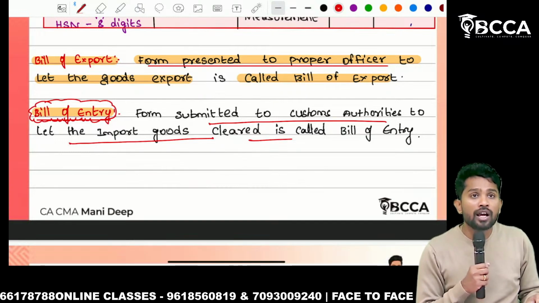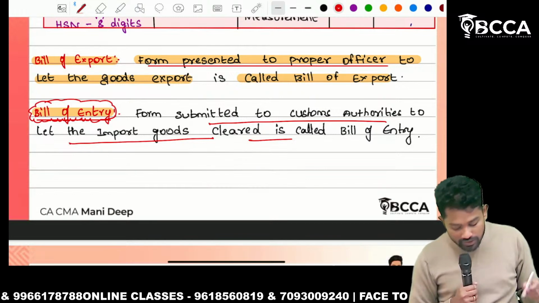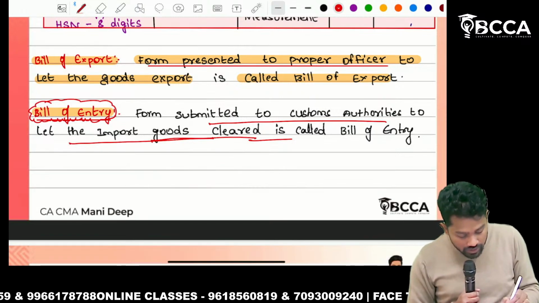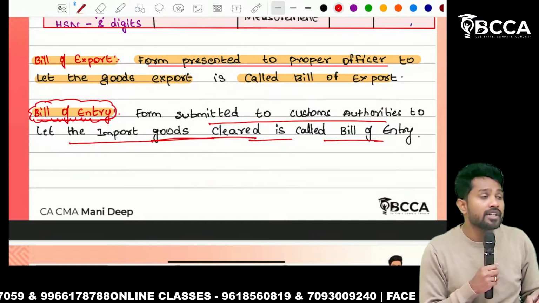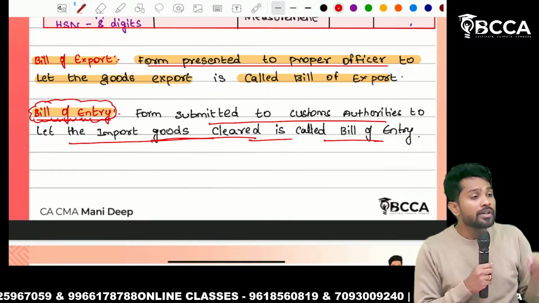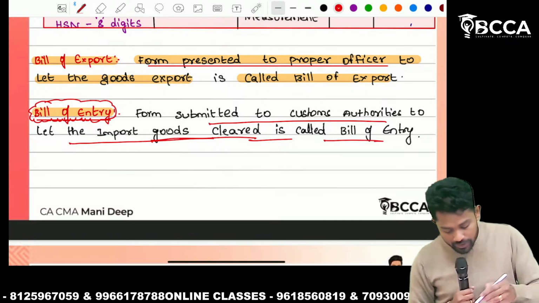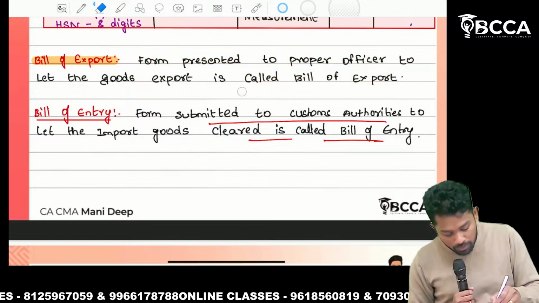I mean, to allow you to take your imported goods along with you, you need to file a bill of entry.